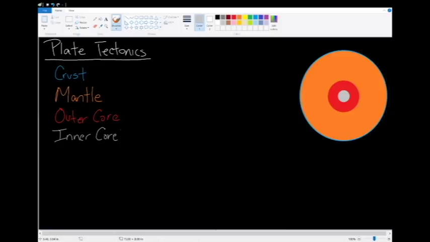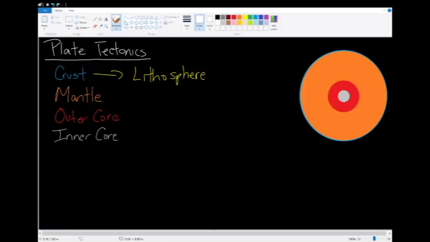So, the crust is more of a colloquial term. It's a common term, but it's not a term that scientists use for that structure of the Earth. Scientists use the term lithosphere to describe mostly the crust. The lithosphere also involves the very top of the mantle.